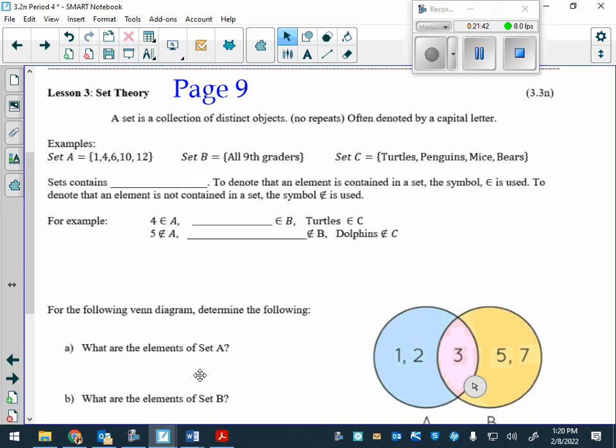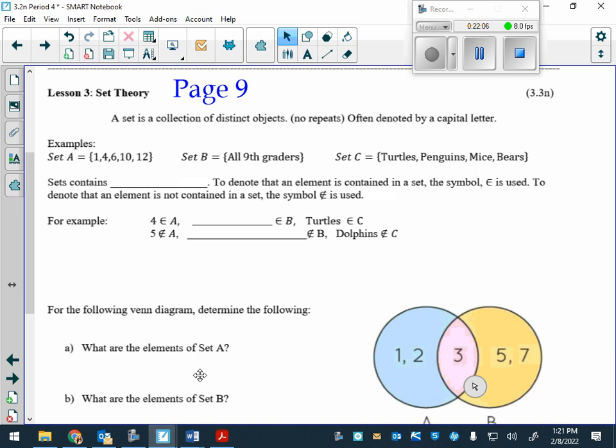Where you're looking at specific sets. So, a set is a collection of objects, okay? There's definitely no repeats. You will see it's denoted by a capital letter. So, for example, set A. Those squiggly brackets are back because this is set notation where you're listing.